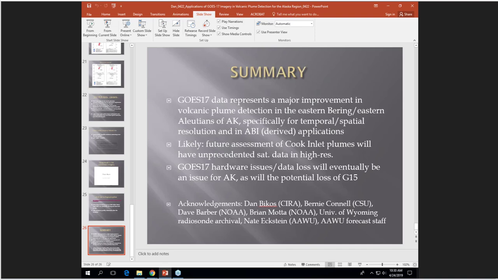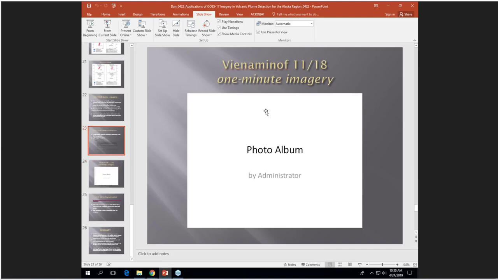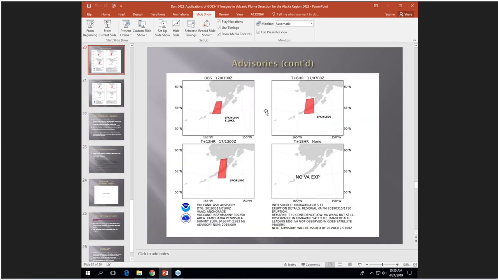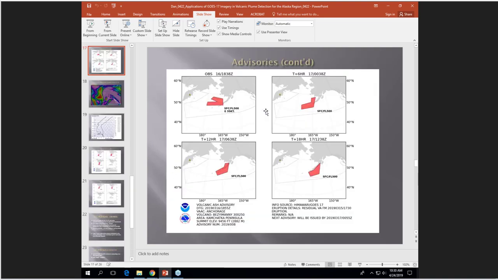The VAAC products, are those basically constructed using the satellite imagery and trying to draw a polygon, similar to something like what you would use for a severe thunderstorm? Yeah, I mean, this I've shown here. Can you see the slide I've put on here? Yes. That covers maybe on the order of 500 miles from this side to this side.